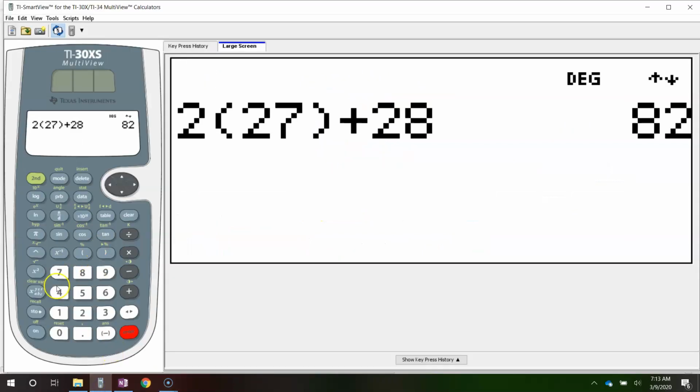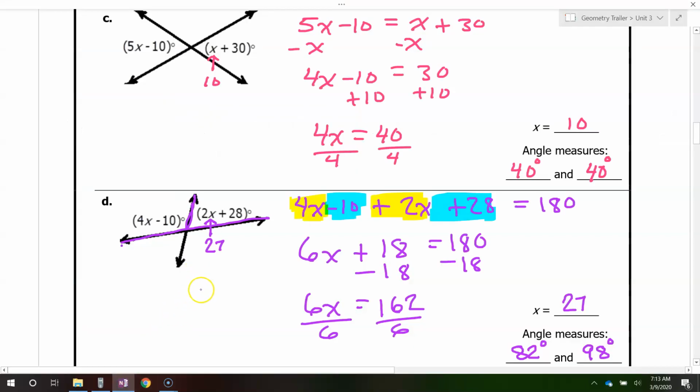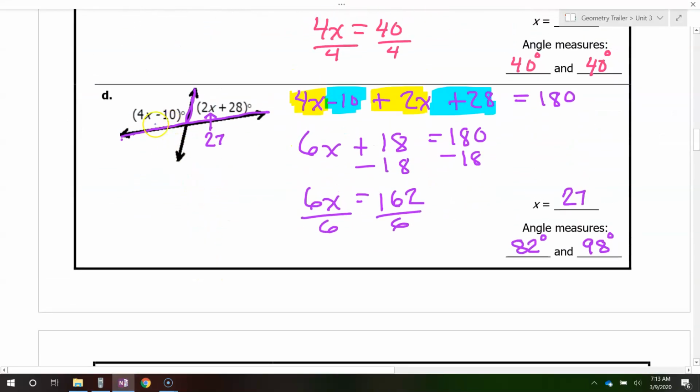And again, I'm just doing 180 minus 82. Okay, obviously I could have substituted 27 in for x, and that should also give me 98. And in fact, that's a way you could check your answer.